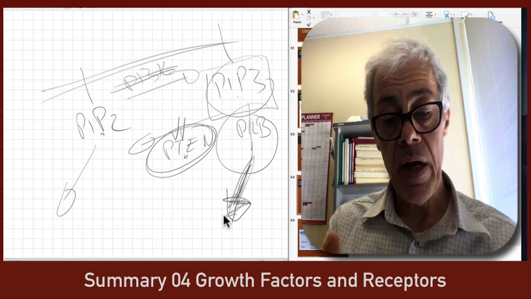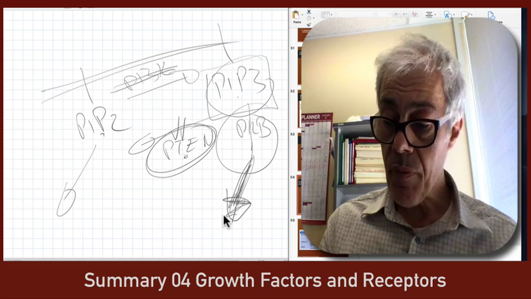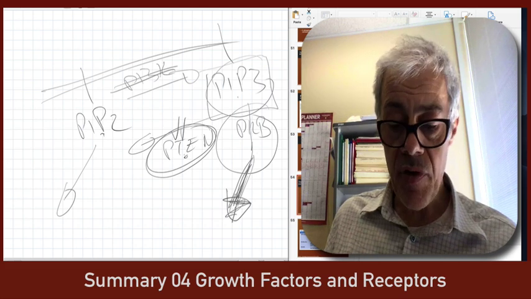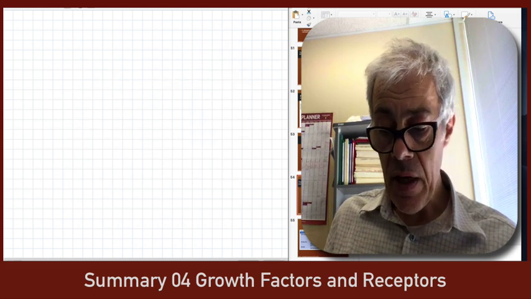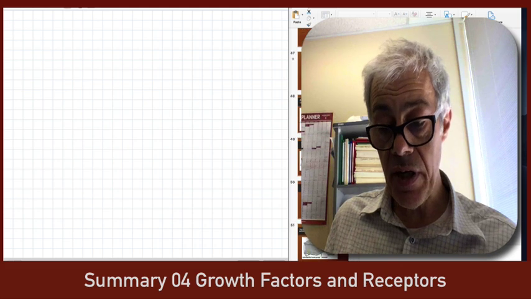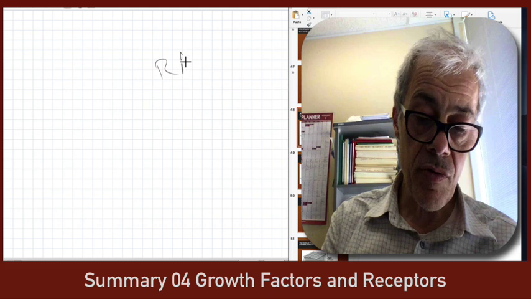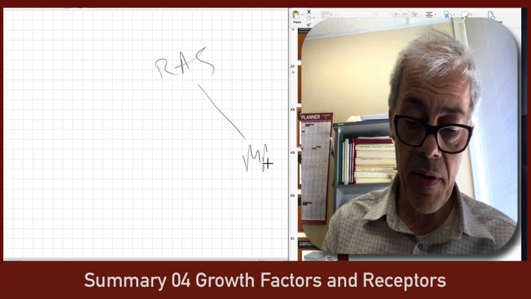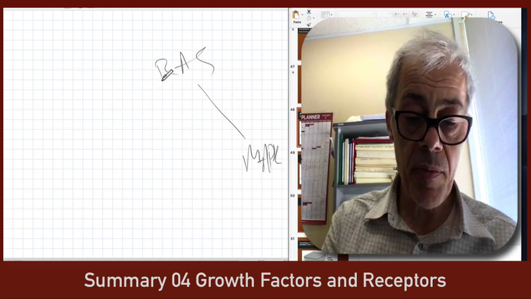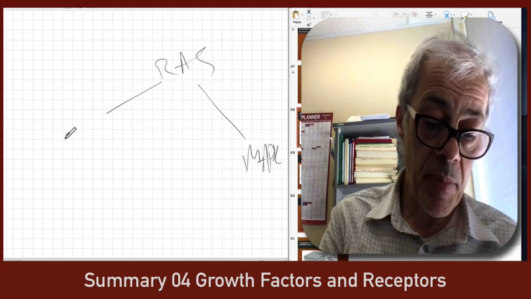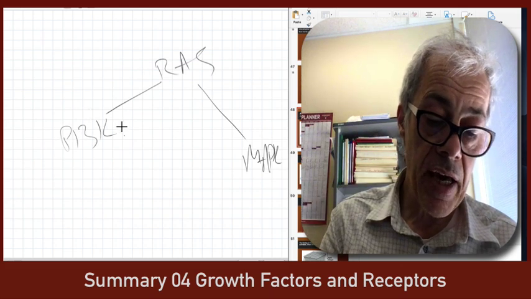So again, the activation of the PI3 kinase occurs through the RAS protein. As shown here, RAS can activate the MAP kinase pathway. RAS can also, through its effector domain, bind to PI3K.